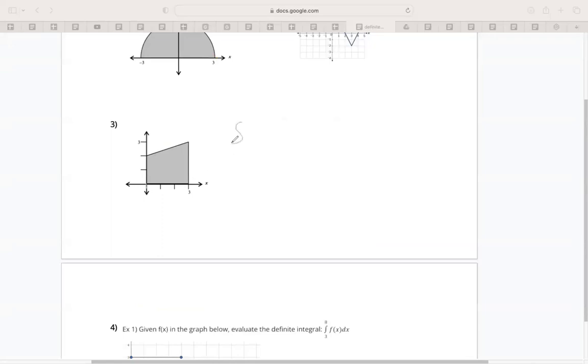So our integral is going to be from 3 to 0, highest at the top, lowest at the bottom, of this function that we don't know the equation. Because remember, the function is right here. This is the function.